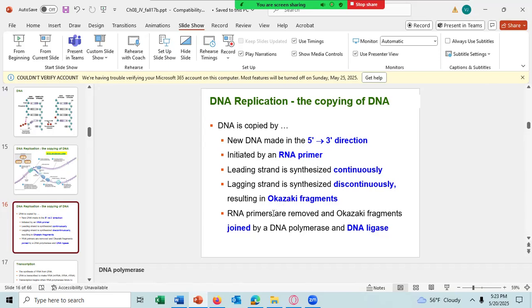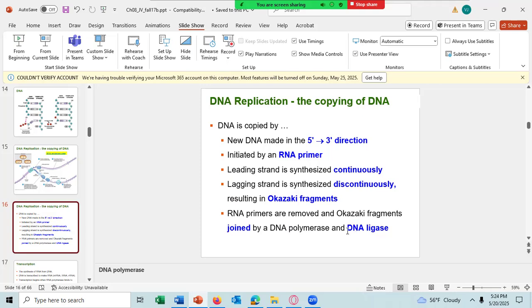Then the RNA primers are removed, and DNA polymerase fills in the RNA primer, meaning that's actually RNA in the RNA primer. It's not DNA. And you need a DNA polymerase to put in the DNA.